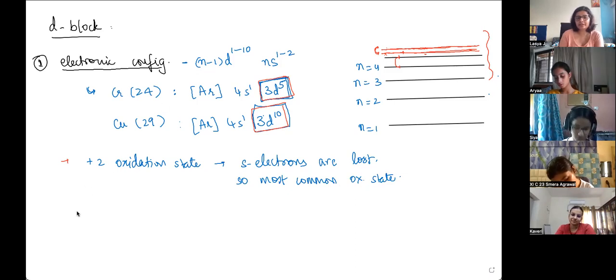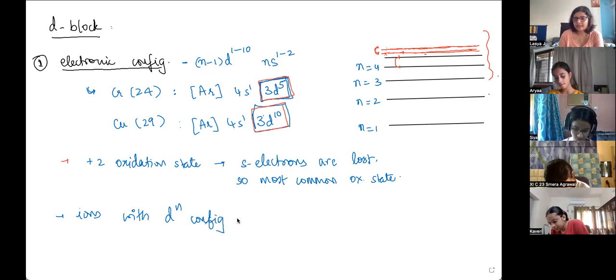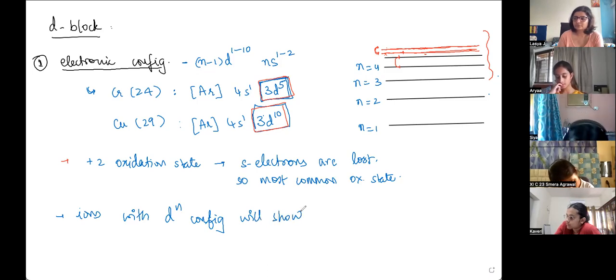So when the d block elements form ions, all the ions with a given dn configuration will show similar magnetic and electronic properties.